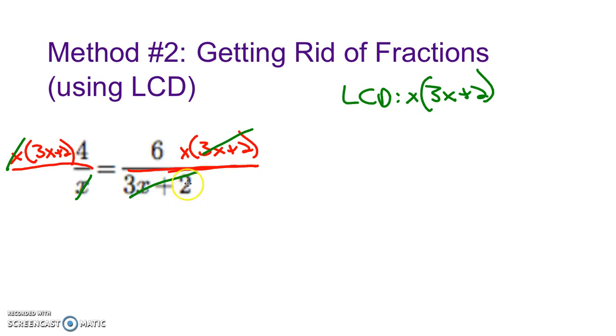And so this is really useful because what I'm left with on top on the left side is a 4 times a 3x plus 2. And on the right side is just a 6x. And now you have this equation without any denominators. You can distribute the 4 and then solve a normal equation.